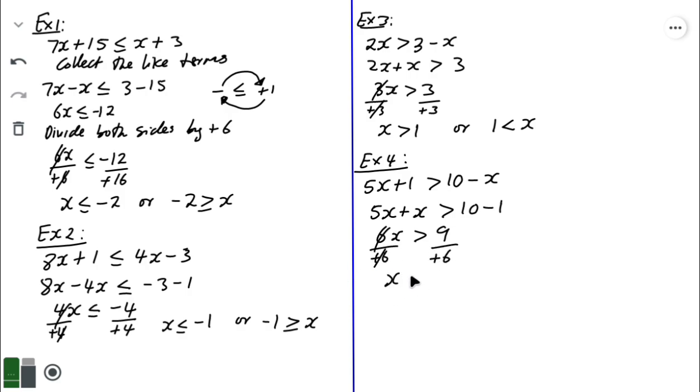Now, our x will be greater than 9 over 6. And this implies that x will be greater than 3 over 2. We can re-express this as 1 whole number 1 over 2, or we say 1.5. And this can be re-expressed as 1.5 to be less than x. We can re-express our answer like this. Let's proceed to the fifth example.